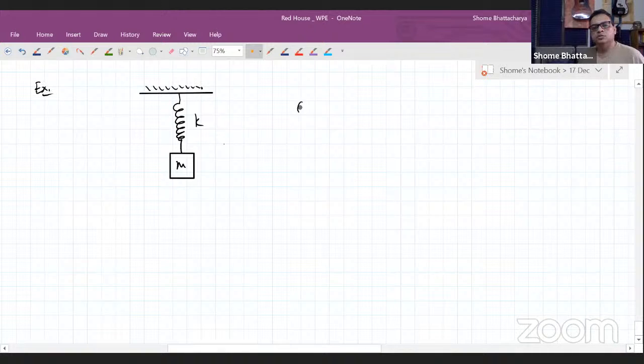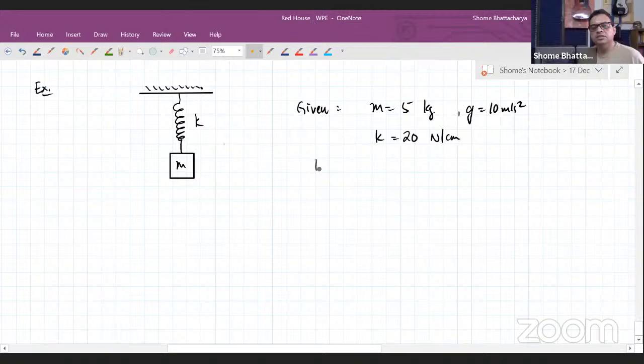Okay, so given information here is that the mass of the block is once again 5 kg. We'll take the acceleration due to gravity as 10 meters per second square, and the spring constant we will this time take as 20 Newton per centimeter.